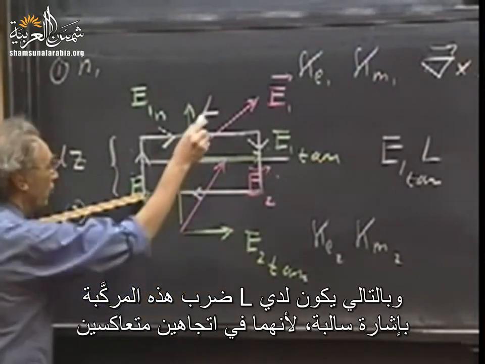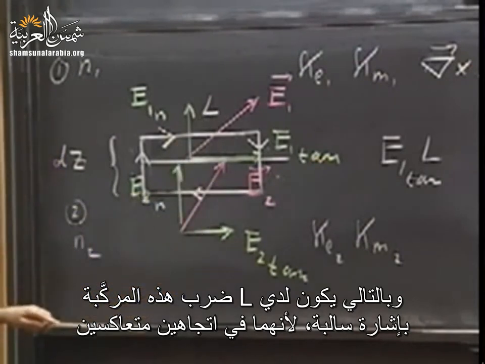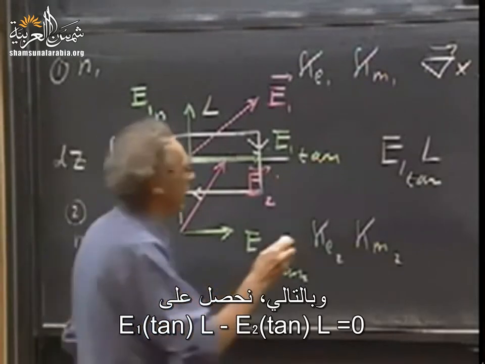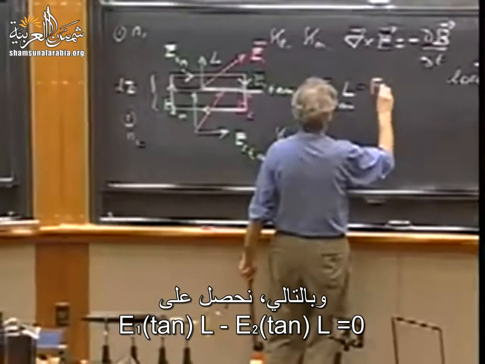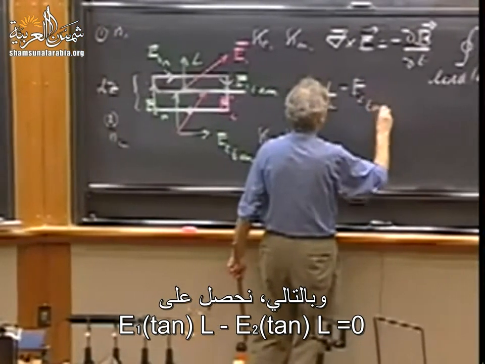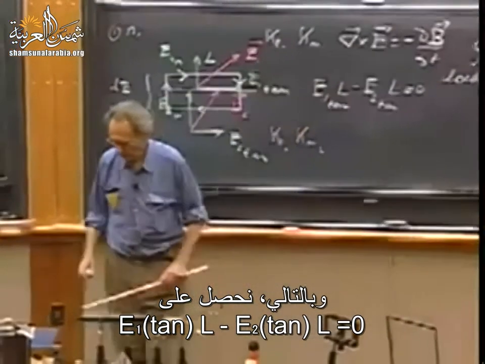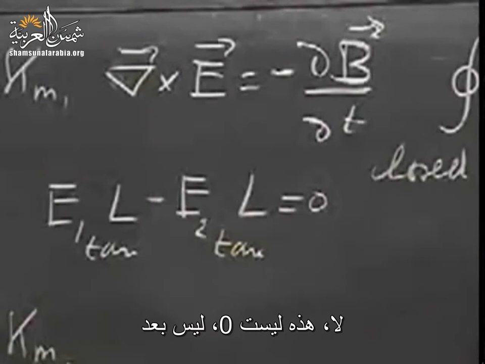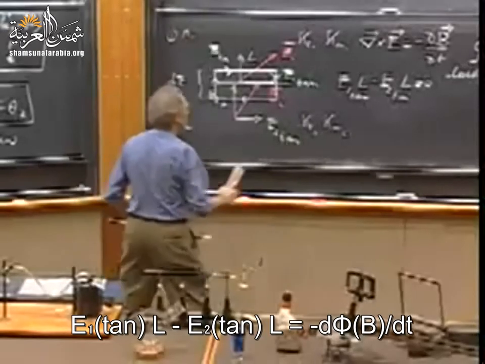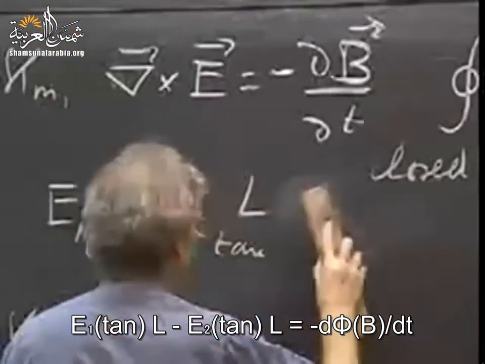So I get the product of L times this, but now I get a minus sign because dl and E are in opposite directions. So now I get minus E2 tangential times L equals 0. And so, oh, it's not 0. Not yet. It is 0, but not yet. So now this is minus d phi dt.